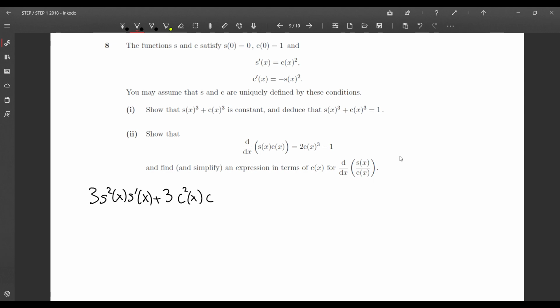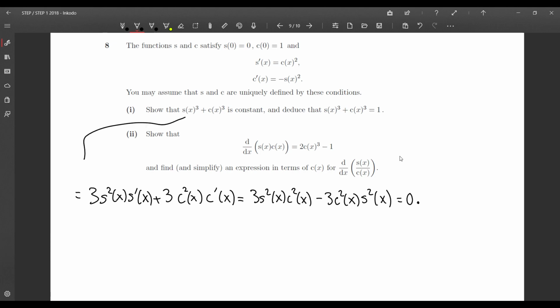So we're just using the chain rule here, and then we can plug this in. 3 s squared x c squared x minus 3 c squared x s squared x equals 0. So therefore, this expression was the derivative d by dx of s cubed plus c cubed. So it's always equal to 0.